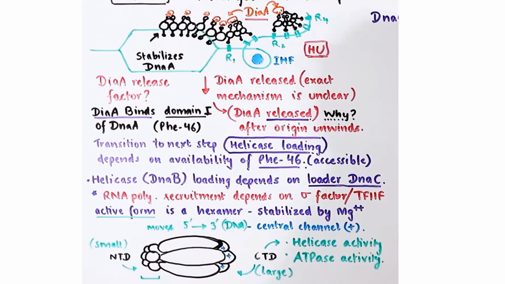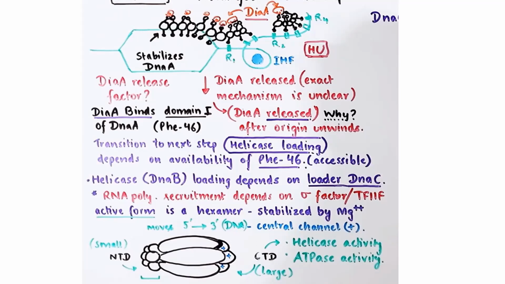The N terminal is the smaller end, and the C terminal is the bigger end. So you have this back end N terminal and the front end C terminal. This hexamer looks like a cylinder, and the internal channel is positively charged, which is convenient because DNA is negatively charged. So it has some nice ionic interaction between them.